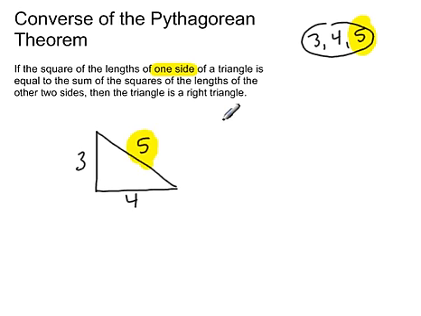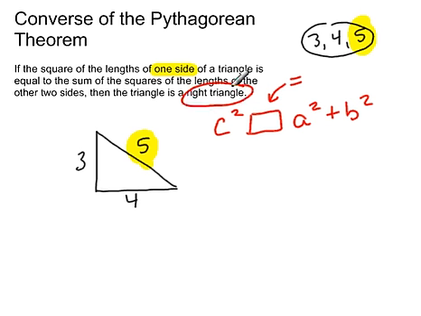Remember, we started the formula with c first, and in Pythagorean triplets, we had that placeholder, and then we wrote the rest of the formula. We want an equal sign in this box. If we can get an equal sign in this box, then that means we have a right triangle. These three segments form a right triangle.